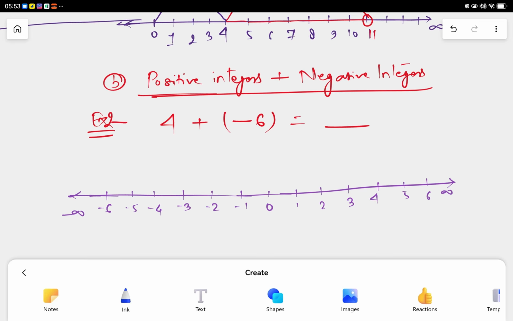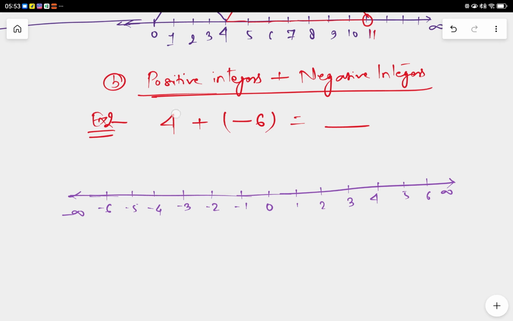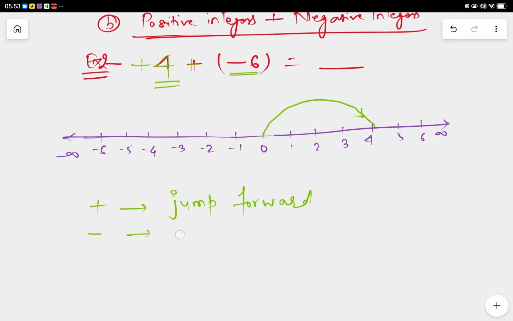Now, let us take some other color to jump. The first number is 4, so we will jump 4 from 0. 1 2 3 4. Now whenever we have to add a negative integer, that means we have to jump backwards. Positive will always make us jump forward, negative will always make us jump backward.